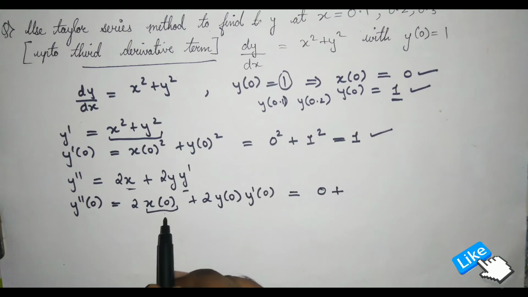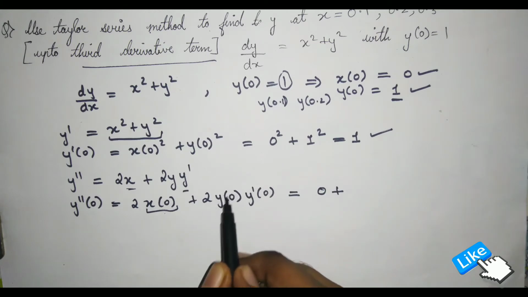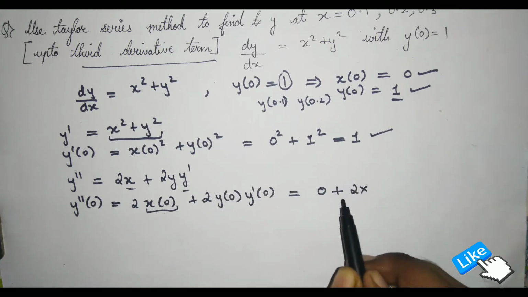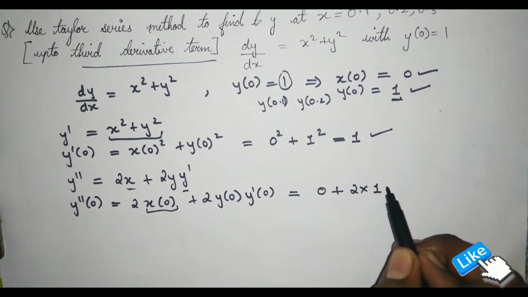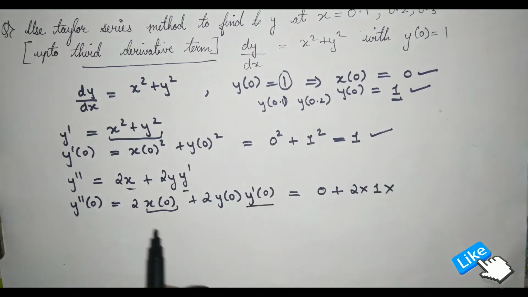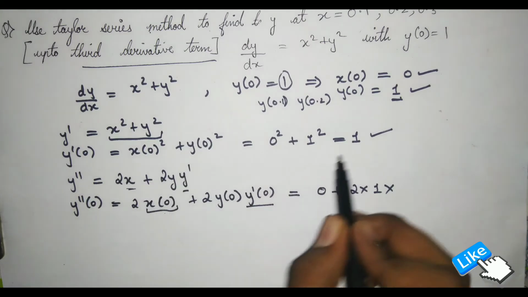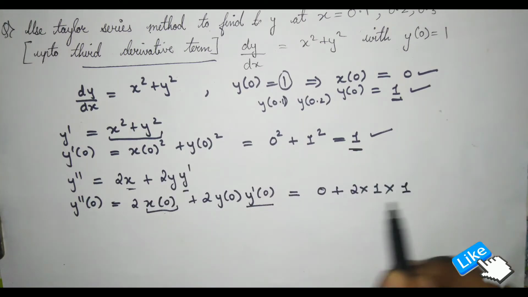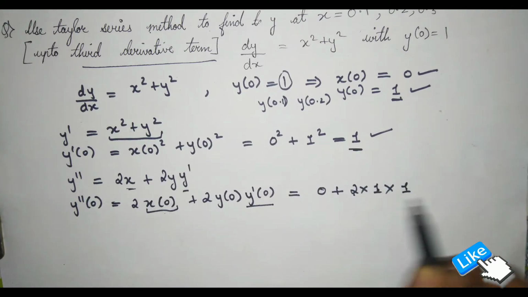Now 2 into y of 0, y of 0 is 1, into y dash of 0, y dash of 0 is 1. So 2 into 1 into 1, that is nothing but 2. So we got the value of y double dash of 0.